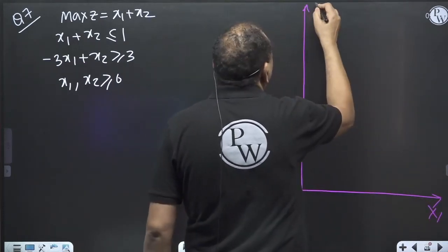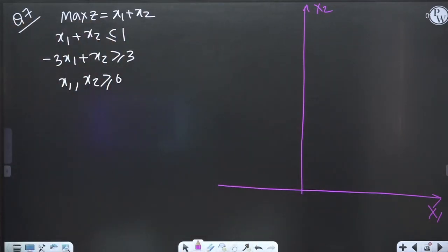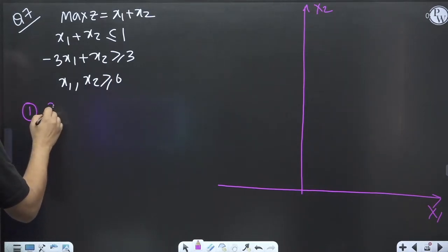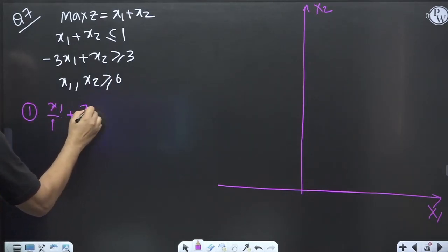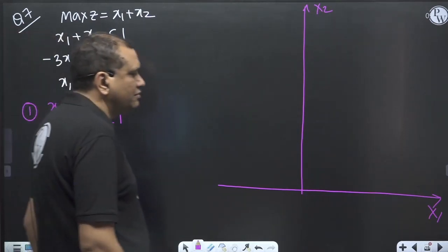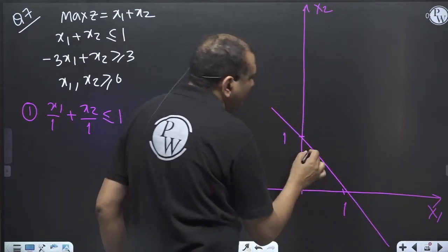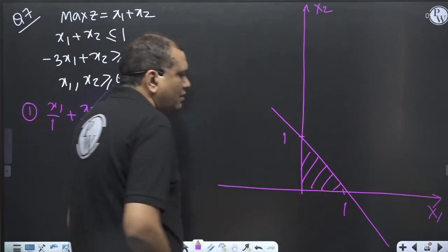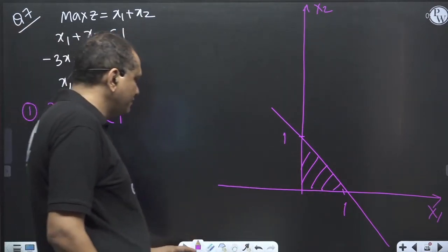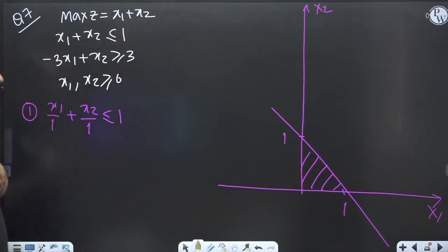My first constraint: x1 by 1 plus x2 by 1 is less than or equal to 1. So 1, 1. This is the region because it is less than or equal to 1.